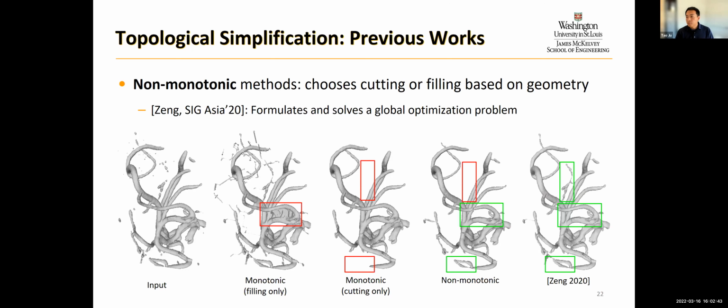We developed a new method, not to solve the MRI angiogram problem, but for solving the topological simplification problem in general. In this algorithm, we formulate a global optimization problem: given a set of candidate cuts and fills, what are the optimal ones to choose such that you can maximally drive down the number of topological features while minimizing the total geometric cost.